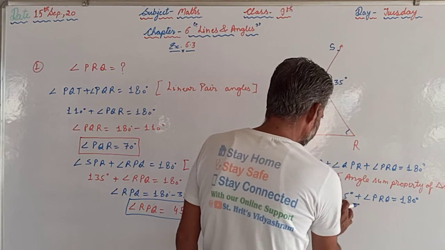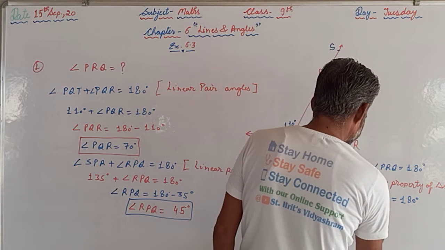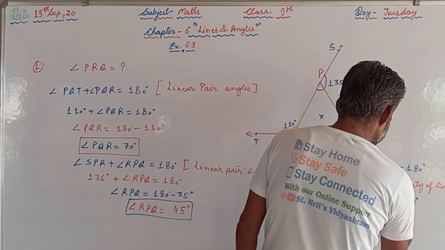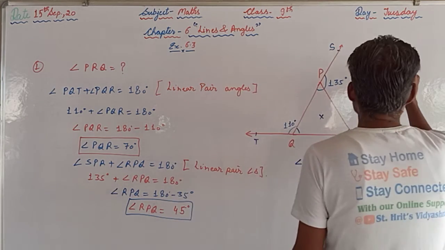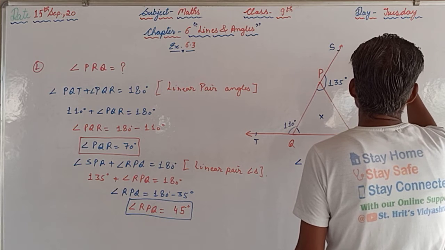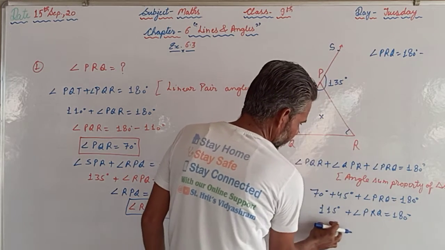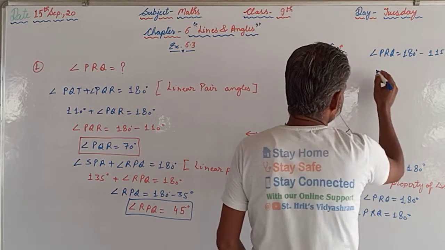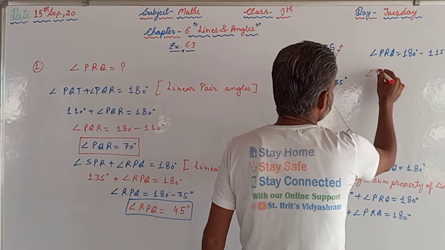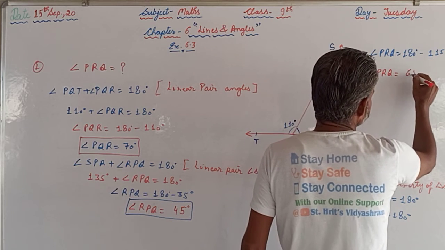If we add both, it will become 115 degree plus angle PRQ is equal to 180 degree, and from here we can write angle PRQ is equal to 180 degree minus 115 degree, and angle PRQ will be 65 degrees.